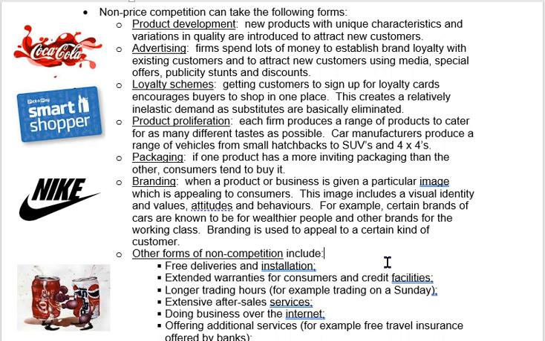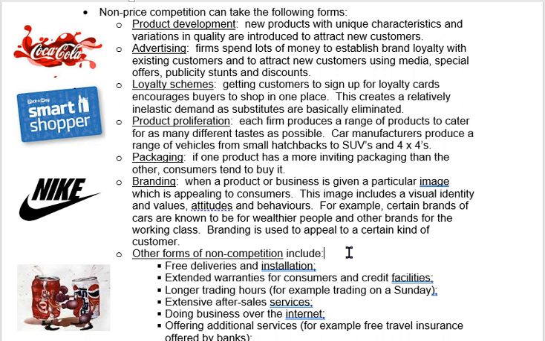All right. Nike, for example, will have an image. Puma will have a specific image. People buy that because they associate with that specific image. So once you have created this brand, then obviously you have your brand loyalty. Okay, you'll see I said the image includes a visual identity of values, attitudes, and behavior.